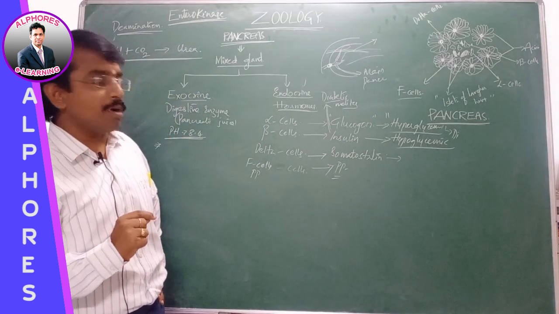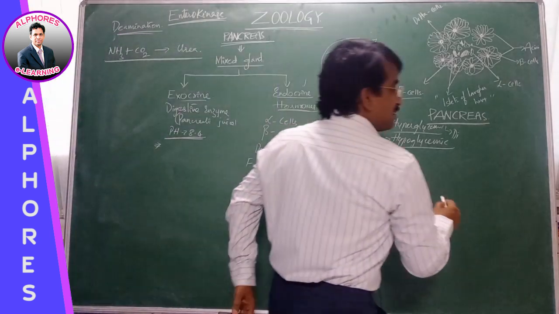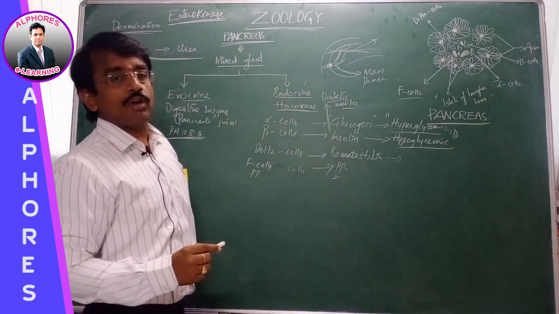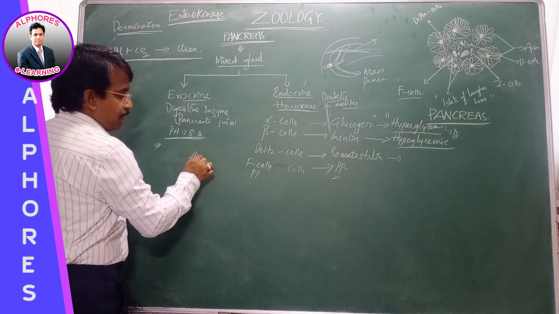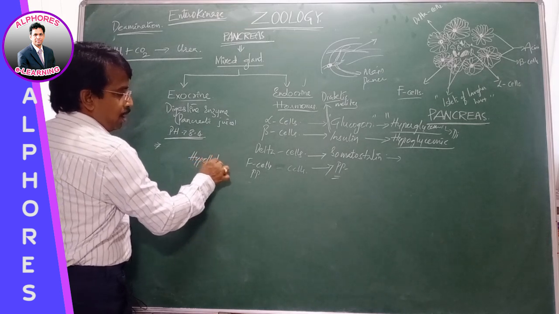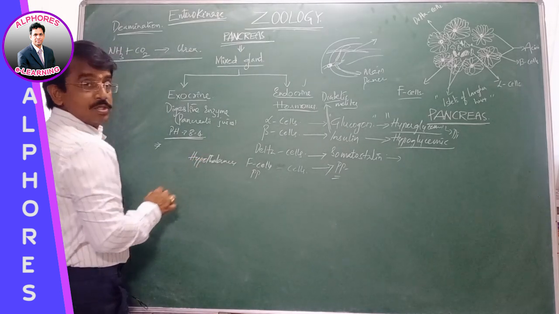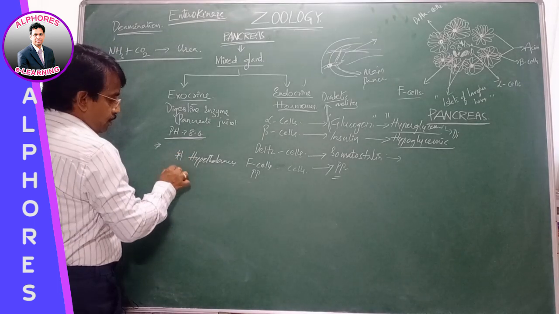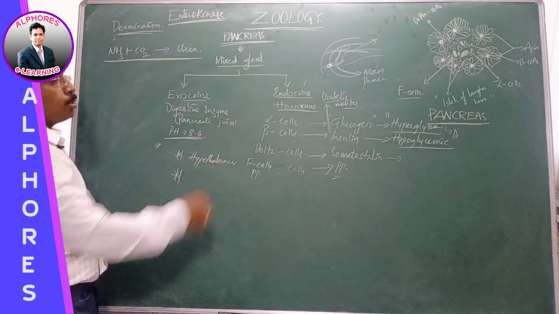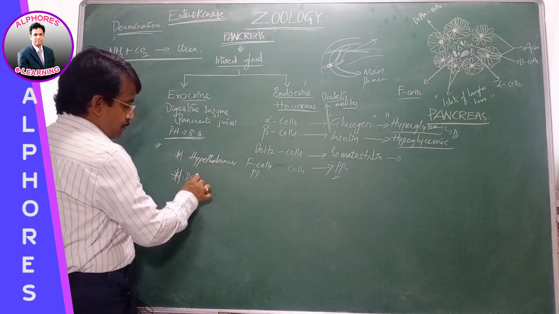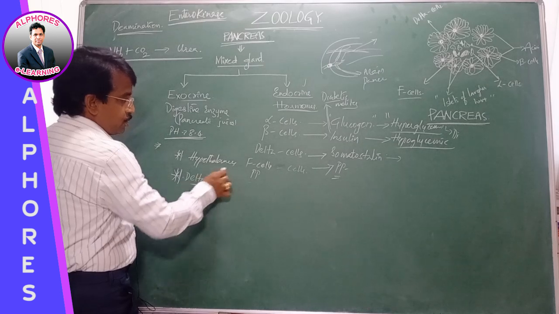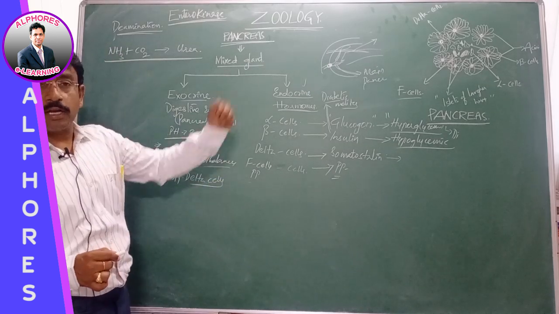One point to remember is that somatostatin has three sources of secretion. One is the hypothalamus, another is the delta cells of the pancreas.